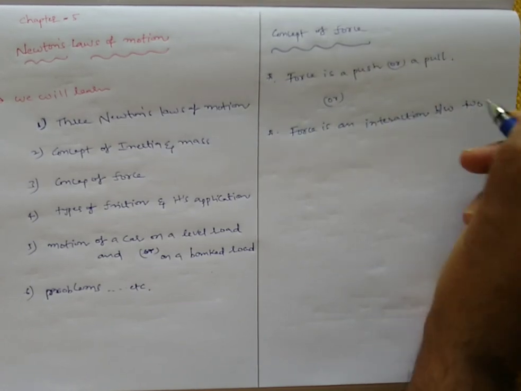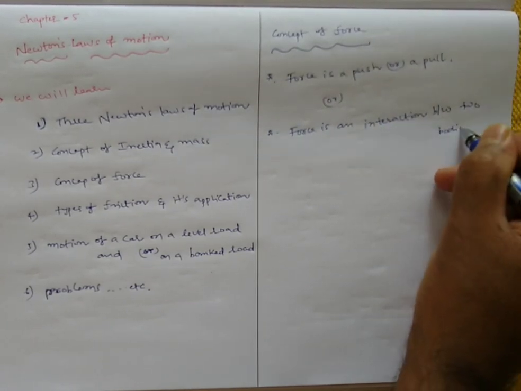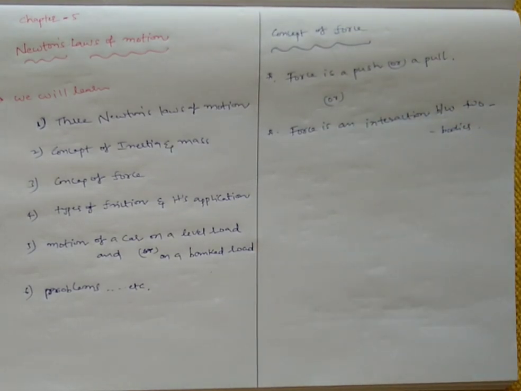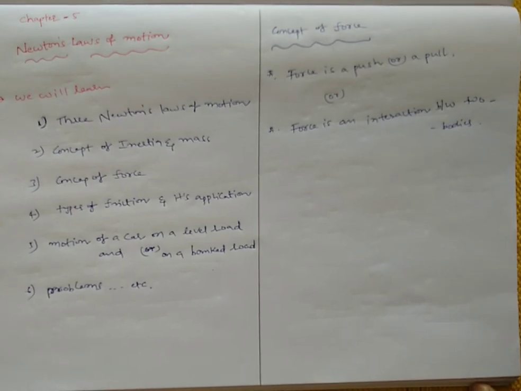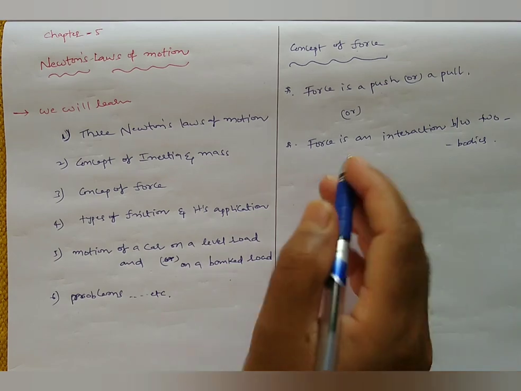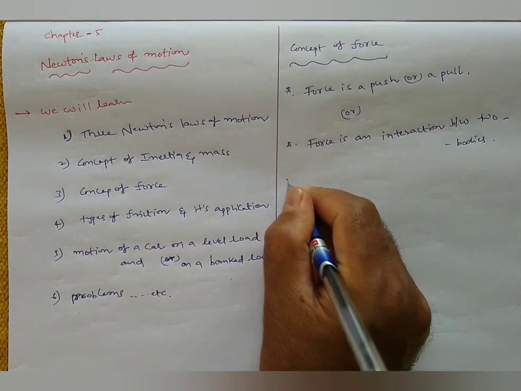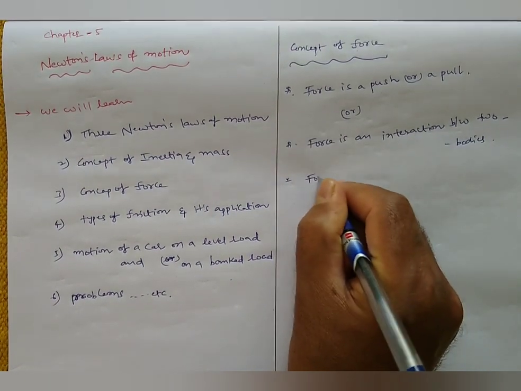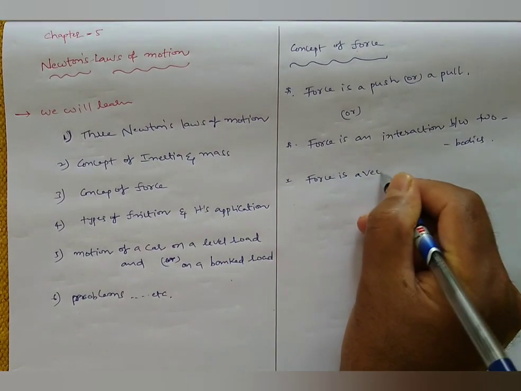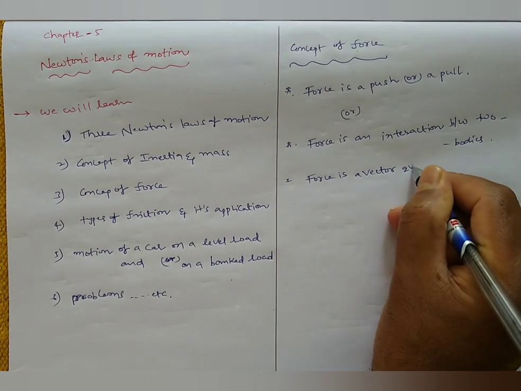Force is an interaction between two bodies. Right. So force is a push or pull, and force is a vector quantity.